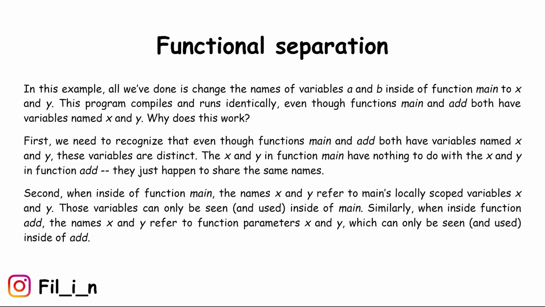Second, when inside of function main, the names x and y refer to main's locally scoped variables x and y. Those variables can only be seen, and used, inside of main. Similarly, when inside function add, the names x and y refer to function parameters x and y, which can only be seen, and used, inside of add.